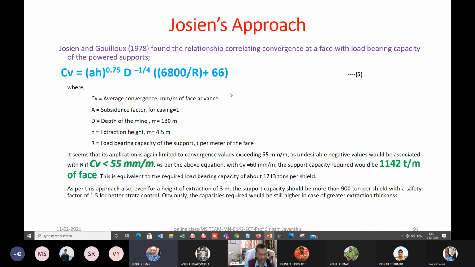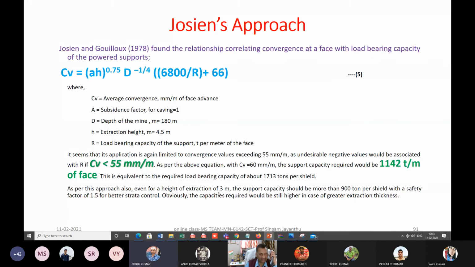A is the subsidence factor, for caving it is 1. D is depth of mine, which is 180 meter. H is extraction height, which is 4.5 meter. R is load bearing capacity of the support, given in T per meter of the face, where T is ton.